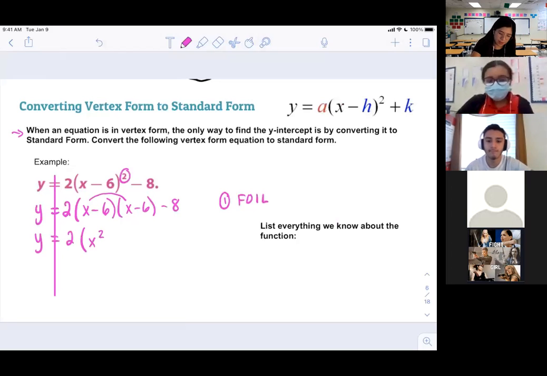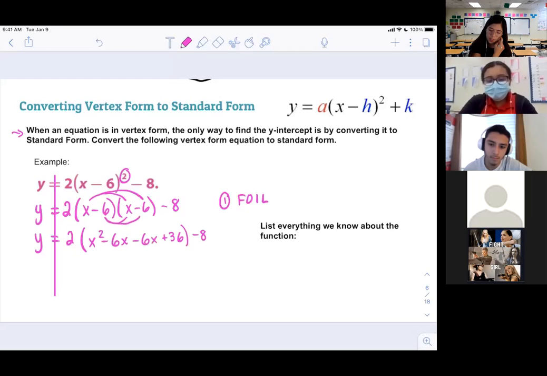What's x times negative 6? Negative 6x. What's negative 6 times x? Negative 6x again. And what's negative 6 times negative 6? 36. Good, positive 36.